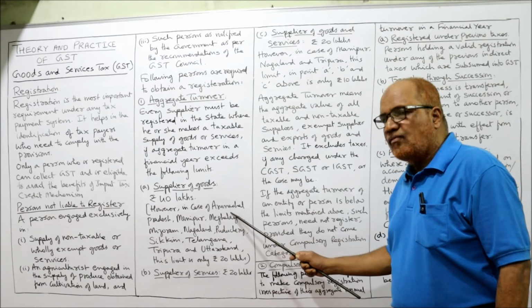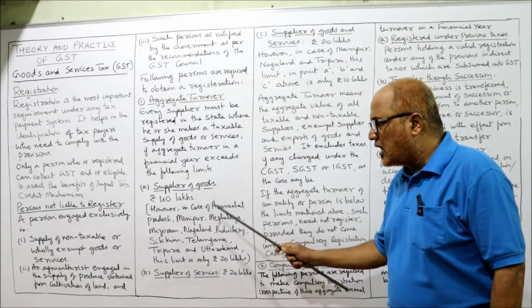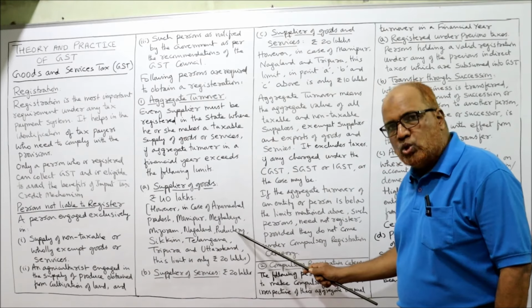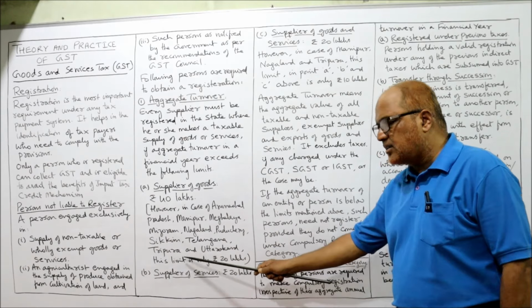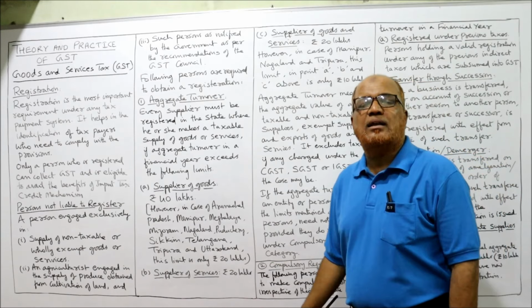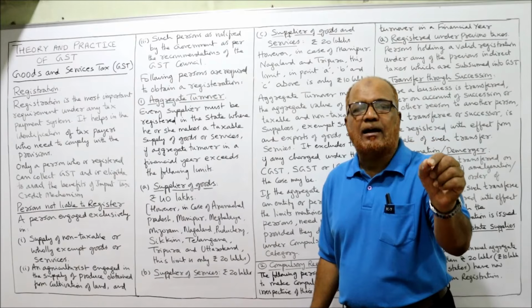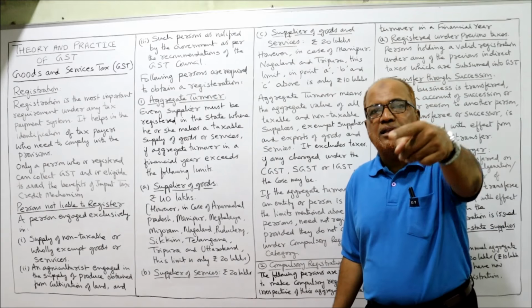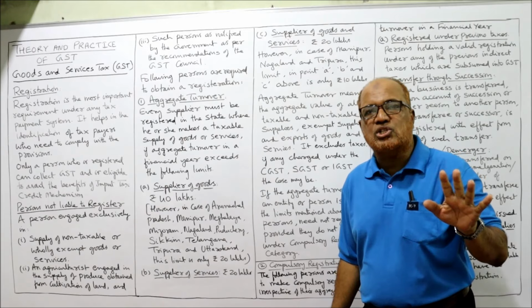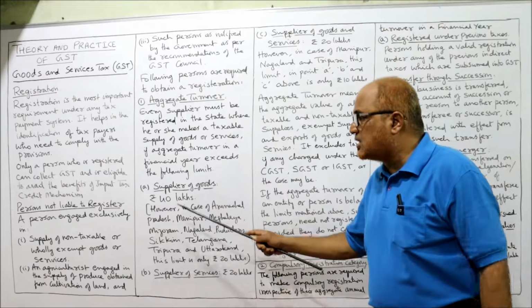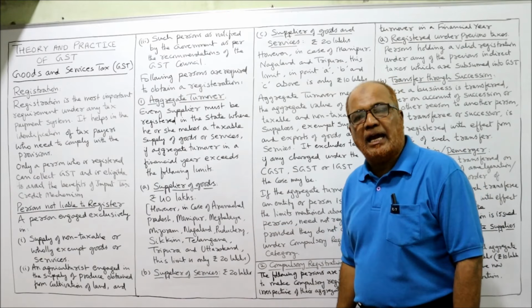Here, in case of Arunachal Pradesh, Manipur, Meghalaya, Mizoram, Nagaland, Puducherry, Sikkim, Telangana, Tripura and Uttarakhand. So these are the states where the limit is 20 lakh. Means if the turnover exceeds 20 lakh, they should get themselves registered under GST. These states. Apart from these states, other states, the limit is 40 lakhs.